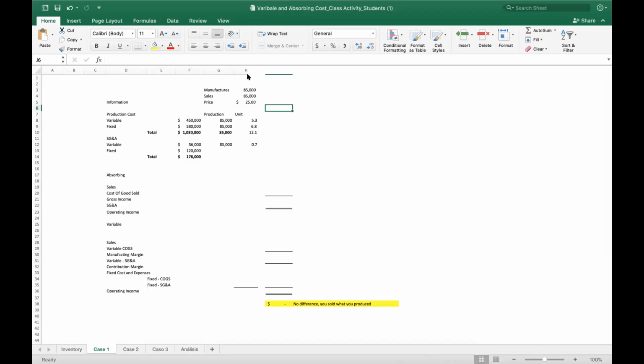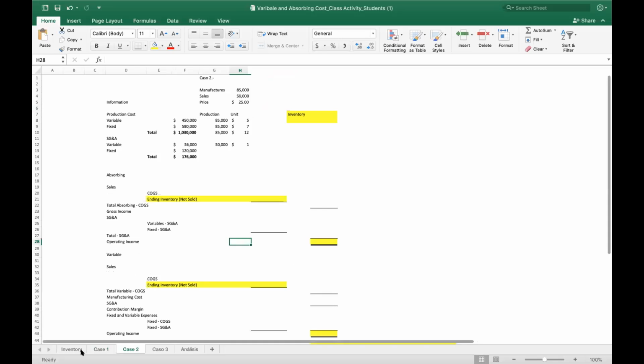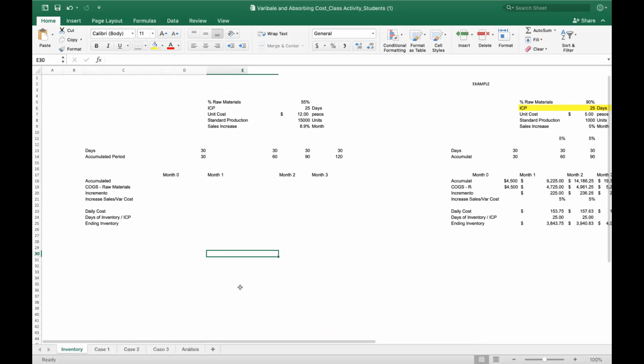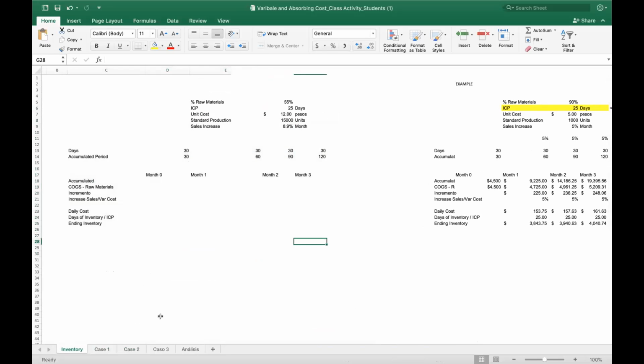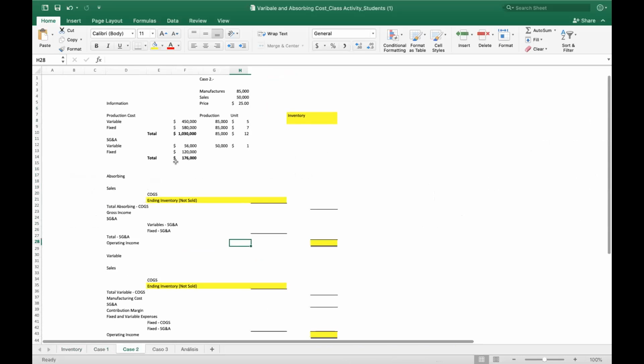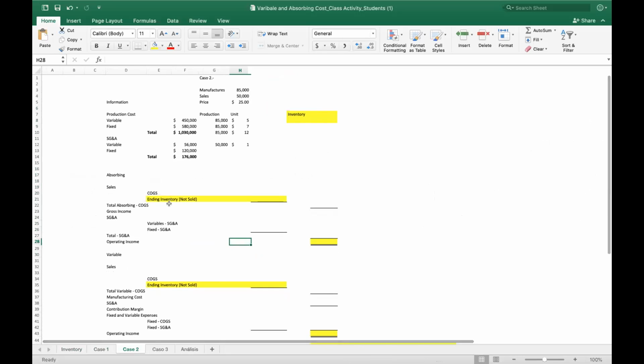Look, it also says variable and absorbing costs. Yes, I know. It's the same one you downloaded last class, and last class we did case one and the inventory. So now we do case 2. You should be doing case 2, right? Okay, perfect.